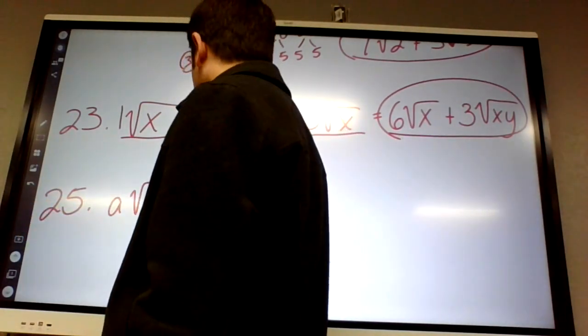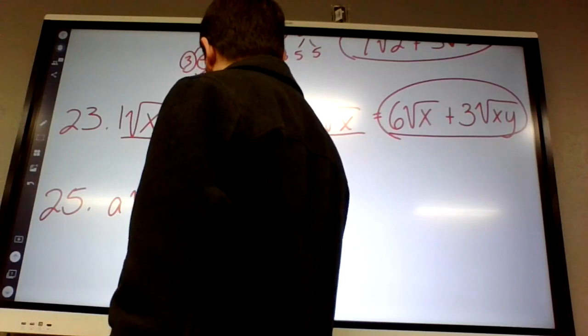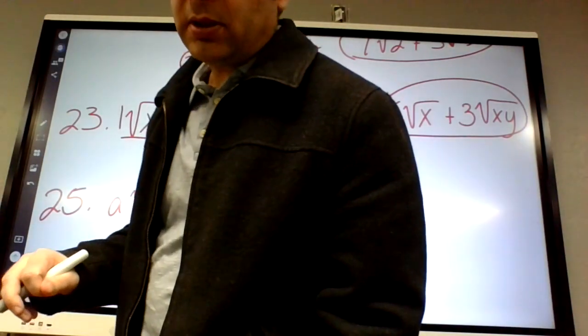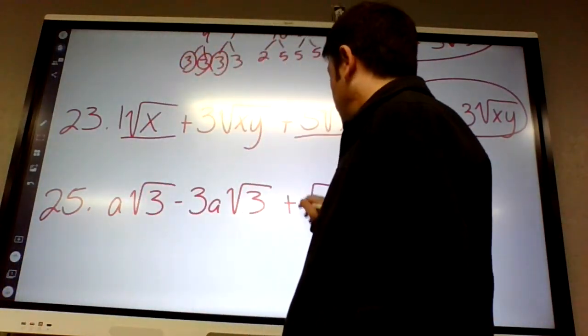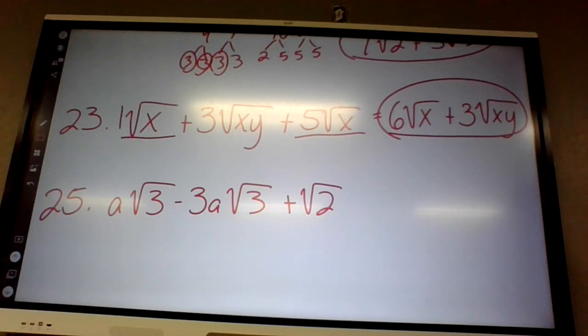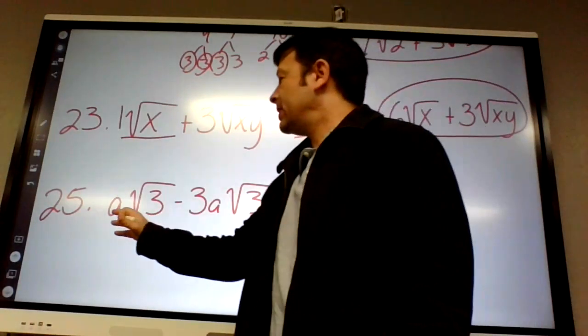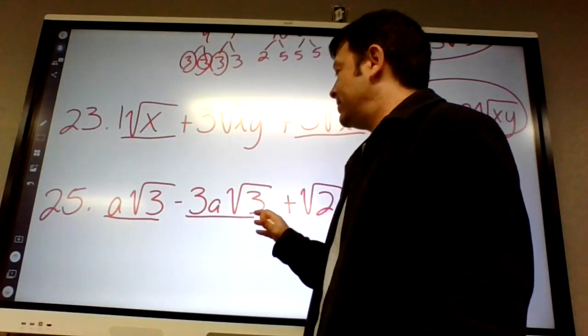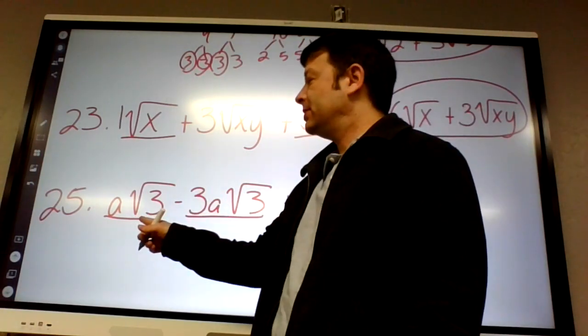Good luck, Clayton. Alright. Clayton, are any of these like terms that we can put together? The first and second one. Right. So not only do they both have to have an a, they both have to have a square root of 3.